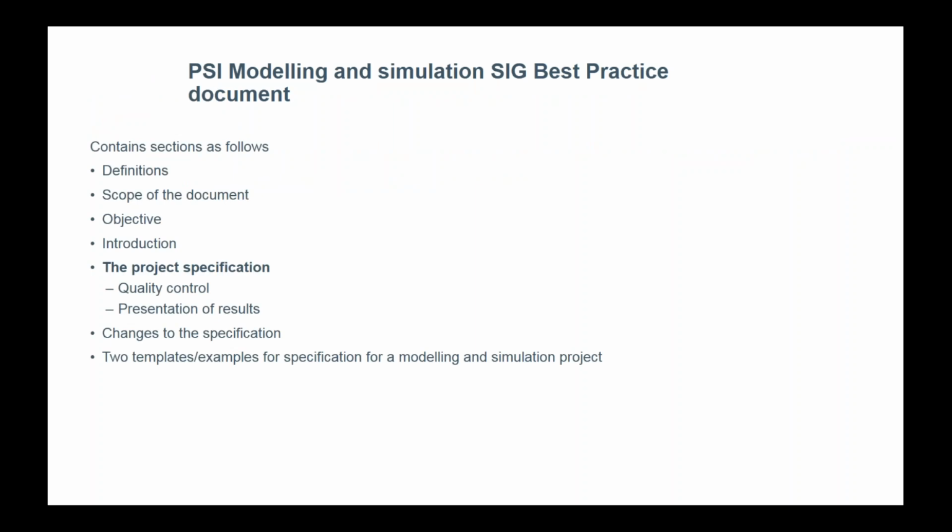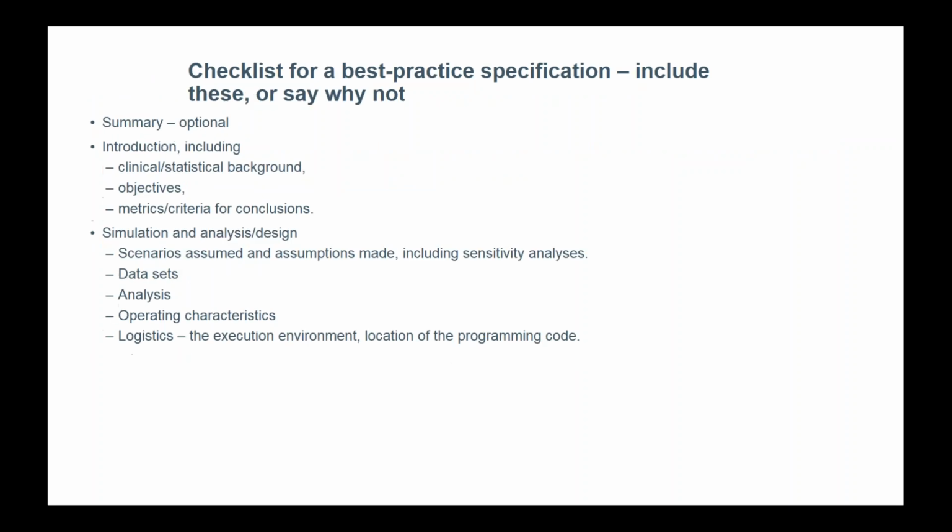Then to go to the project specification itself, I'll simply list the key items that we came up with, which are very similar to those mentioned by EMA. We recommend this in a kind of executive summary. The introduction should include clinical statistical background, a clear statement of objectives.